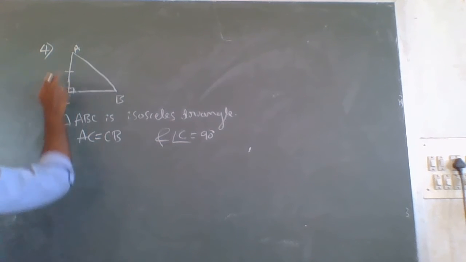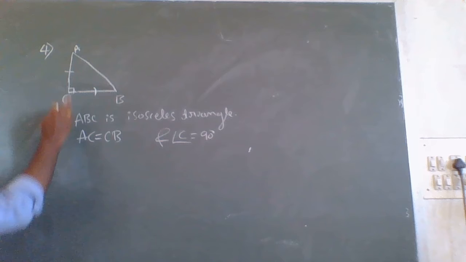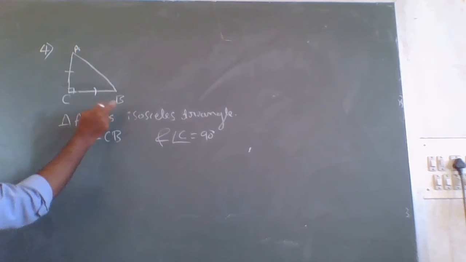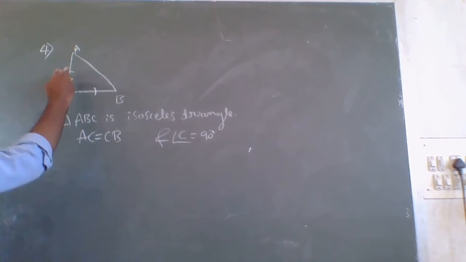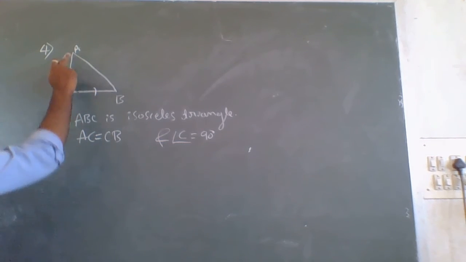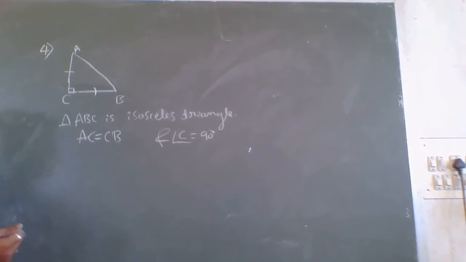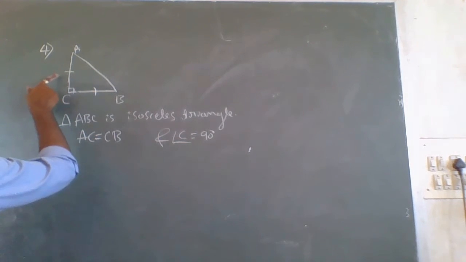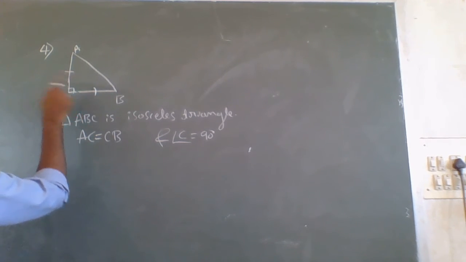These two sides AC and CB. Why? We should not consider AB here because AB is the hypotenuse of right angle triangle. Opposite side of the right angle is AB, and we know that hypotenuse is longer in right angle triangle. Therefore, we should consider this AC is equal to CB.